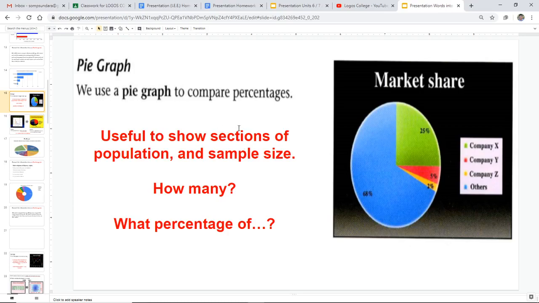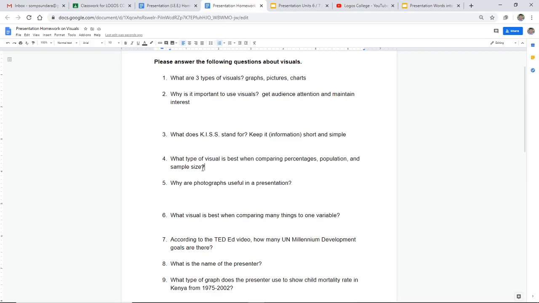I think some of you guys Googled the question, and then it came out with some really complicated answer. I was just looking for this. It was in your online video lesson. And so we use pie graphs to compare percentages. All right. What type of visual is best when comparing percentages, population, and sample size? Pie graph is your answer.